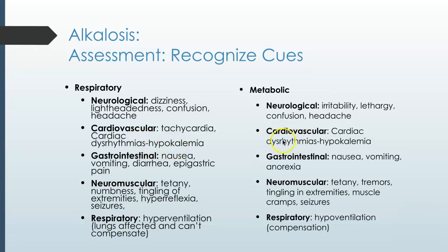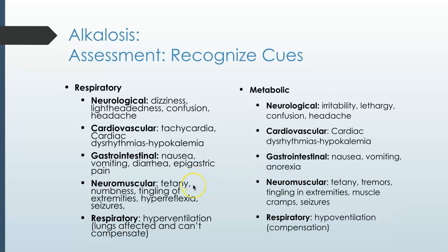So here, cardiovascular, we can see that hypokalemia and metabolic. Gastrointestinal, we can have nausea, vomiting, diarrhea, epigastric pain, or in metabolic, we can have the nausea, vomiting, and anorexia. Remember, anorexia is just a decrease in appetite, not like anorexia nervosa with the mental health issue with body dysmorphia.